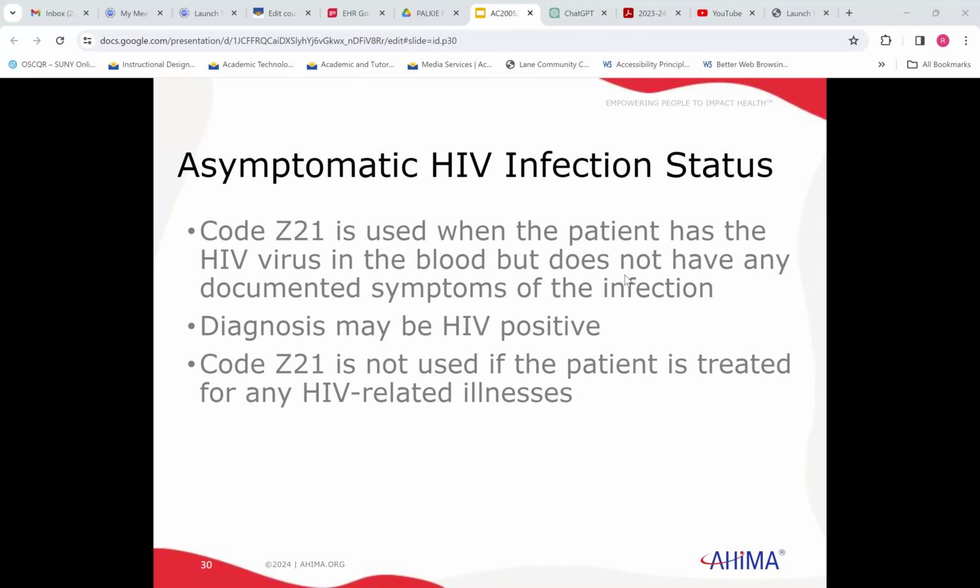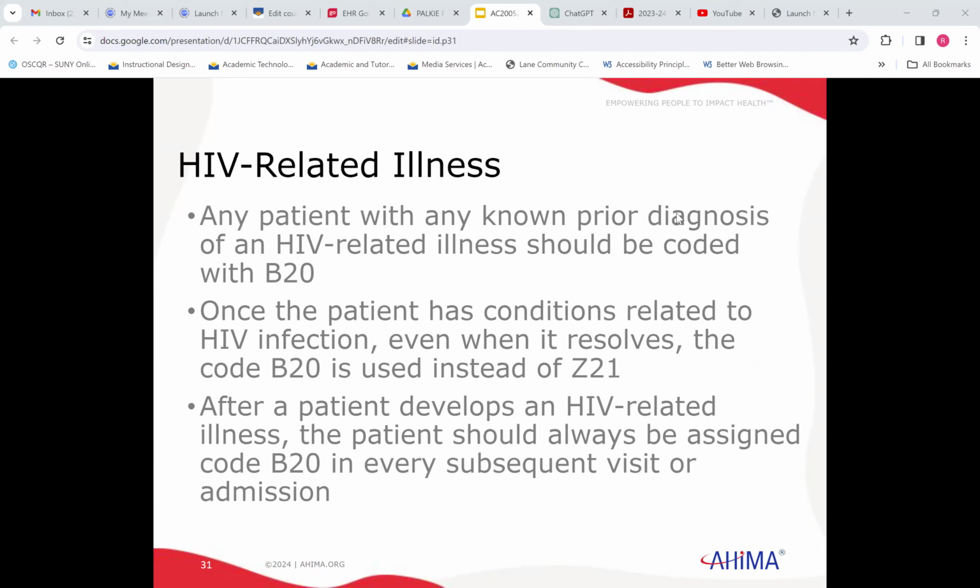We talked about how asymptomatic HIV infectious status is mutually exclusive, right? And with Z21, the patient has HIV virus in the blood, but doesn't have any symptoms. They're still positive. They just don't have the disease. This is totally different than the B20. Any patient with a prior diagnosis of HIV-related illness is coded as B20.